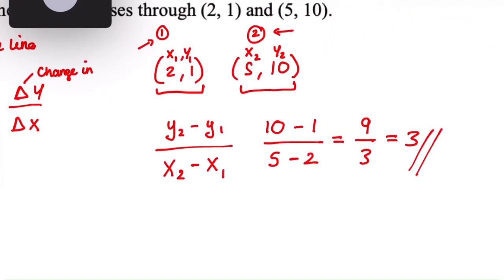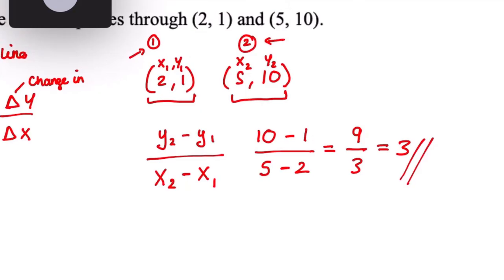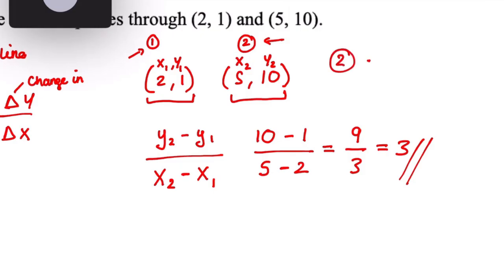For the second one, we label the x coordinate as x2 and the y coordinate as y2. Then we do the second coordinate subtract the first coordinate: y2 subtract y1, divided by x2 subtract x1. And that will get you your gradient.